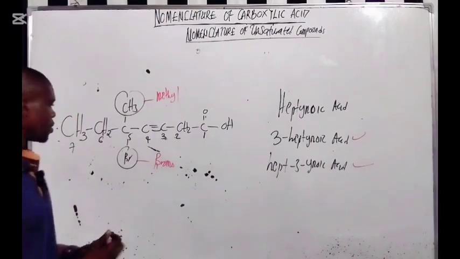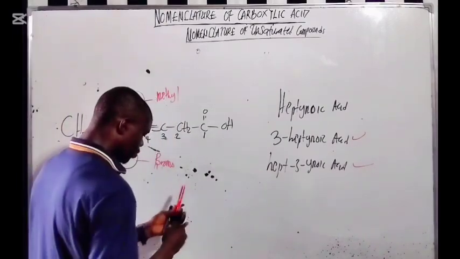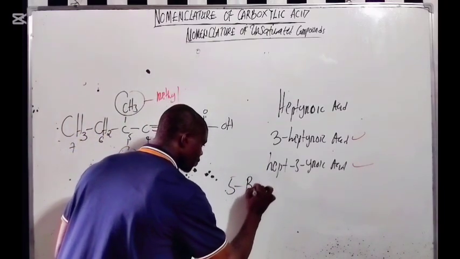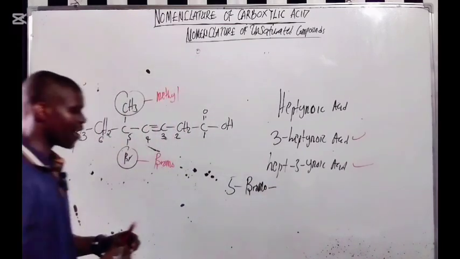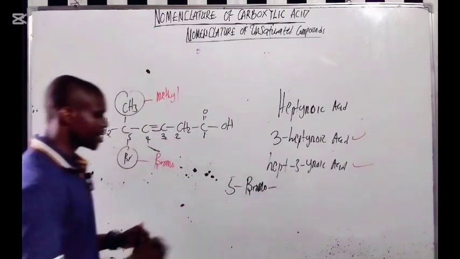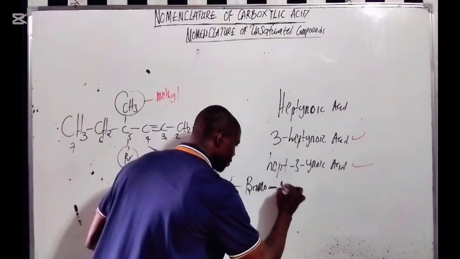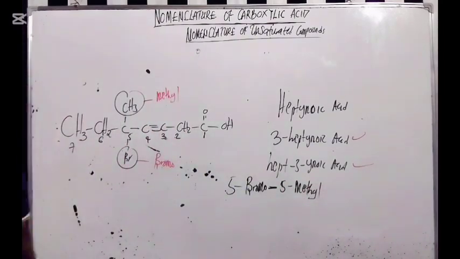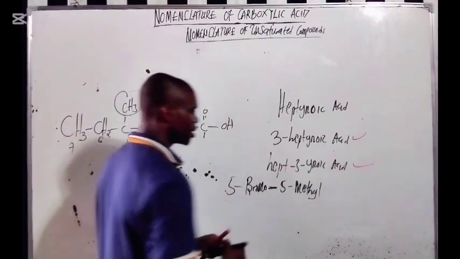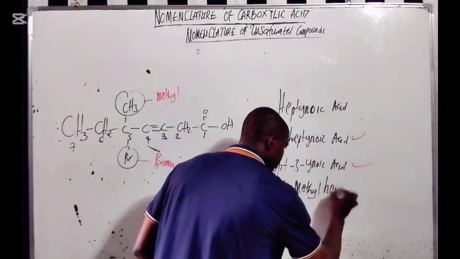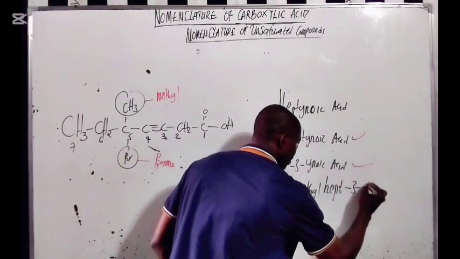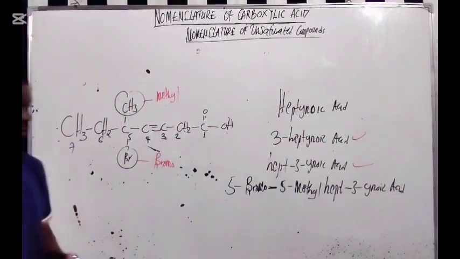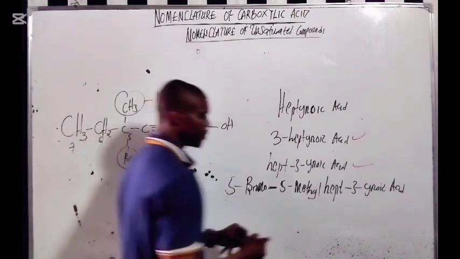So we have 5-bromo, then 5-methyl, then 3-ynoic acid. Hope you understand. So this is the nomenclature here.